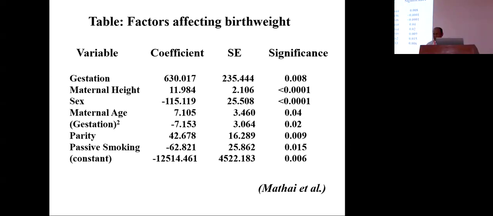Both should be there. GA square alone, I don't know, we'll have to try that out. What happens? Still, it is linear. It is not curvilinear. Okay. This is about the regression.